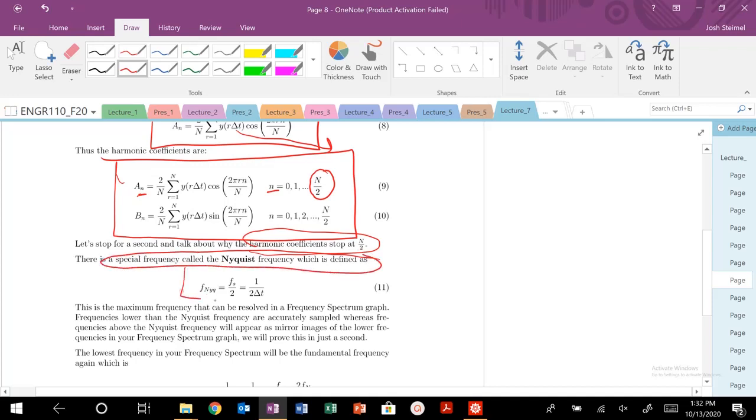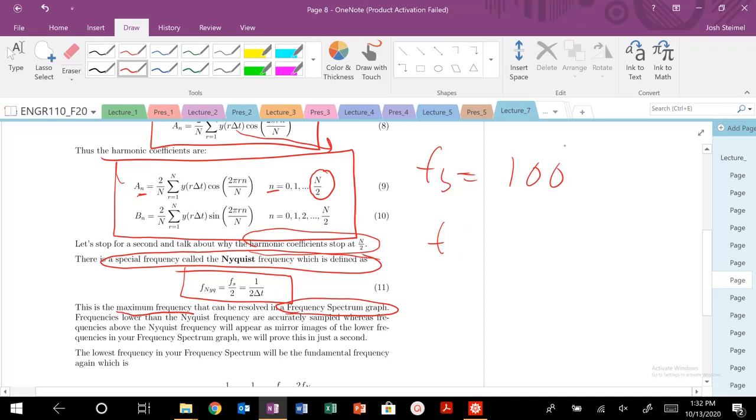The Nyquist frequency is simply half of our sampling frequency. This Nyquist frequency is the maximum frequency that we can resolve in a frequency spectrum graph. So once we choose our f sub s, if my f sub s is 100, I can only accurately resolve frequencies up to a limit.